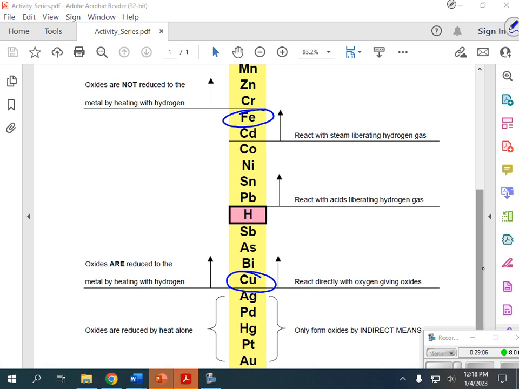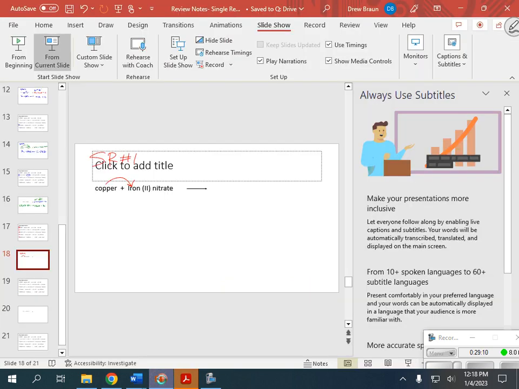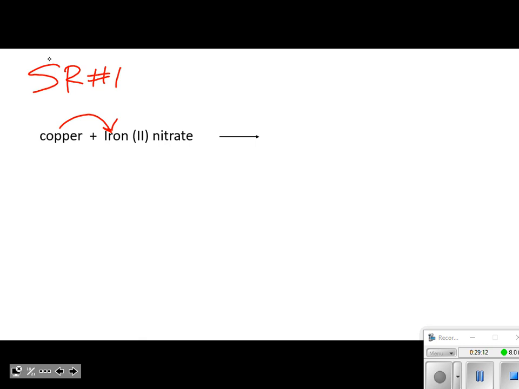Okay, so when I go back here to my PowerPoint, will copper replace iron? No, it will not. So I can just simply put no reaction. Okay, because the copper is not going to replace the iron. It's not strong enough.